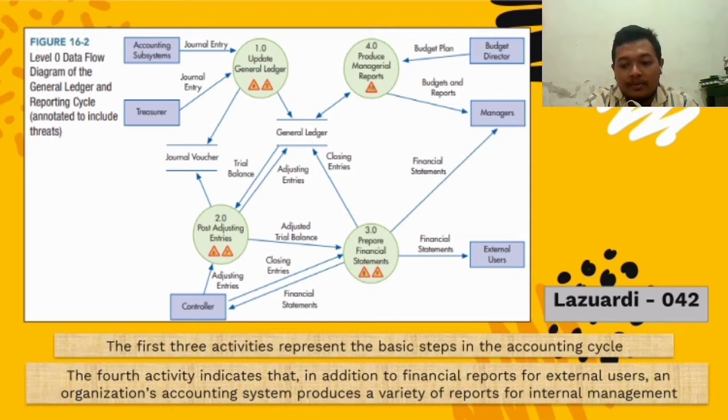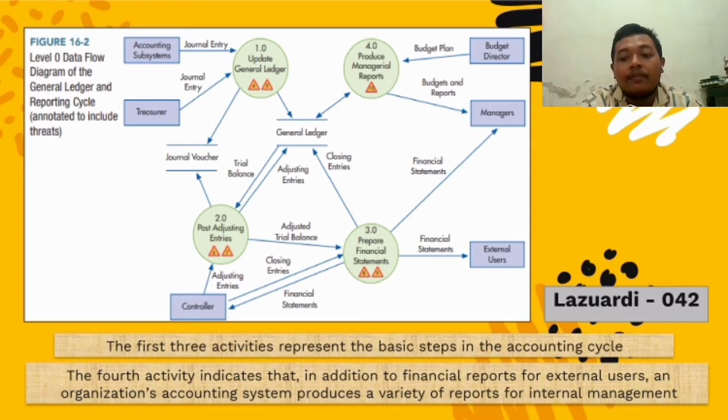As I said before, the controller will provide the adjusting entries at the end of the period because the company should adjust some transactions and some accounts, like depreciation, or probably the usage of supplies, and so on.